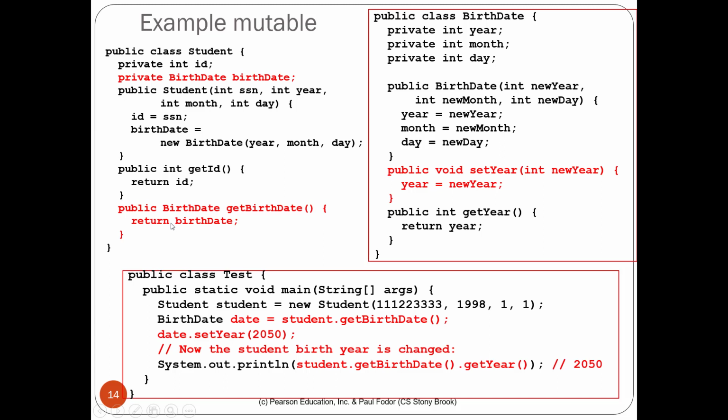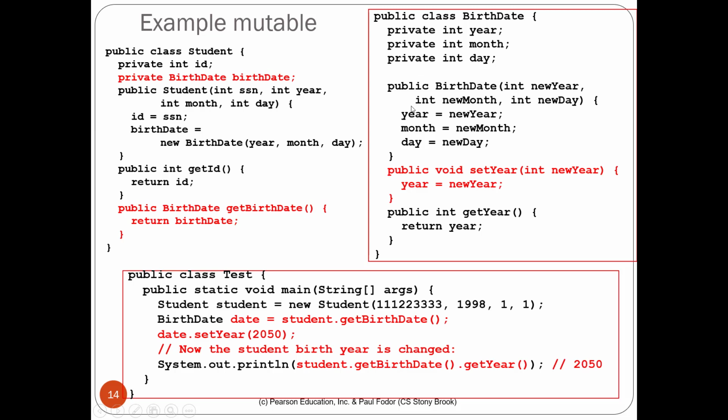You don't have any setter, right? So we are good. By the first two definitions, we are good. Now let's look at this BirthDate class. What do we have in this class? Three data members: year, month, and day, integers. That's how we are defining them, and all three are private.